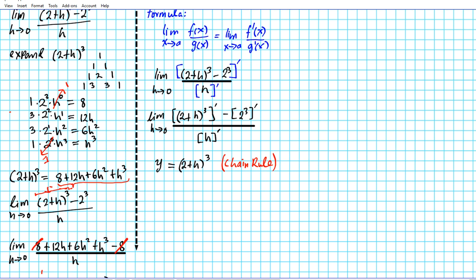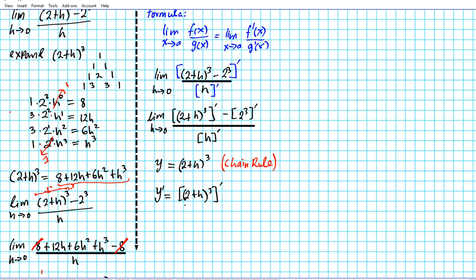So what we're looking for is y prime, which is this entire thing prime. Let's just rewrite it so it's not confusing. Y prime is going to be (2 plus h) to the third, prime.